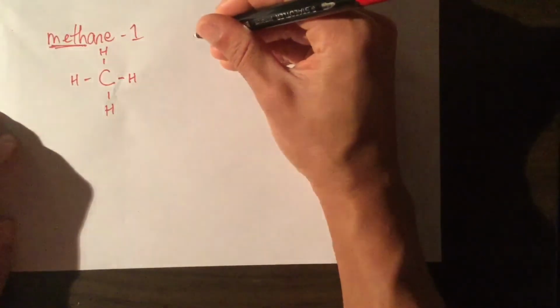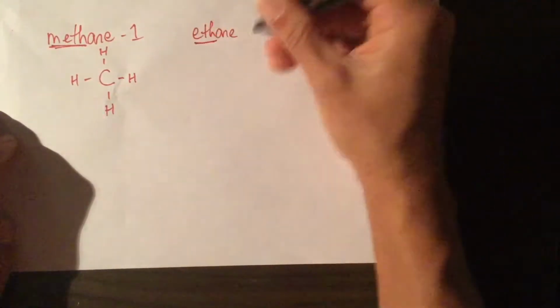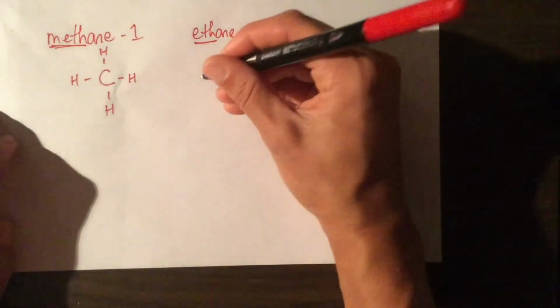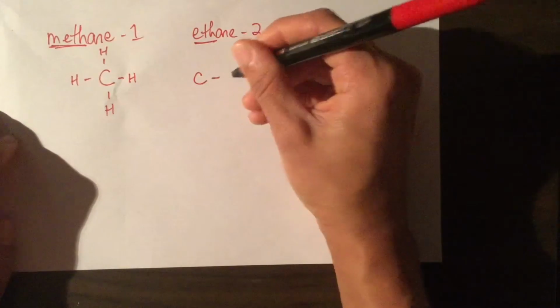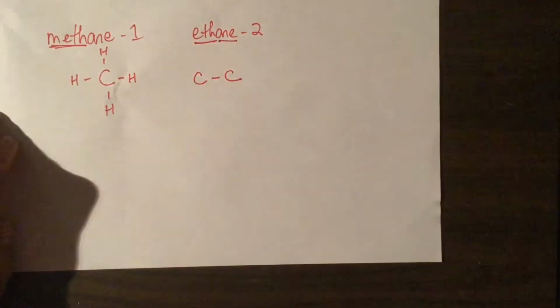Let's say that I wanted to draw ethane. Because of that eth, I know that we're going to have 2 carbons. So I'm going to draw my 2 carbons. Because of this ane here, I know that we're also going to be having just single bonds. So I don't have to worry about putting any other bonds between this.